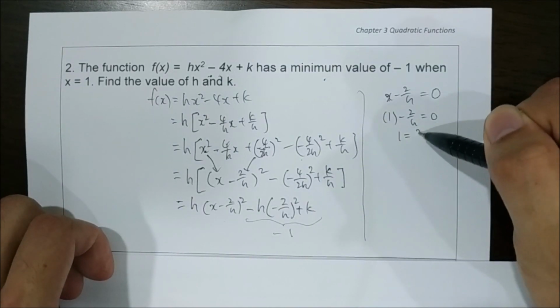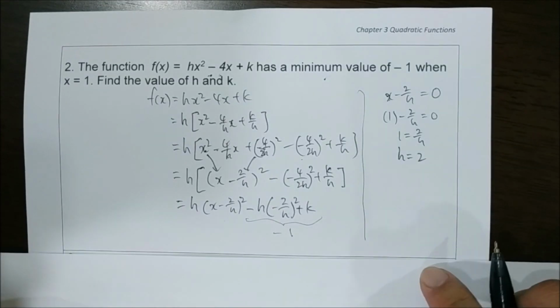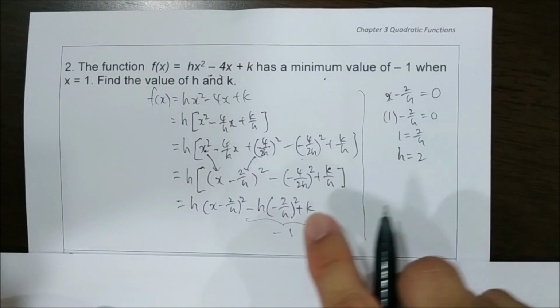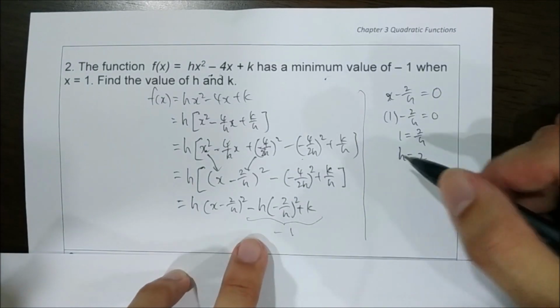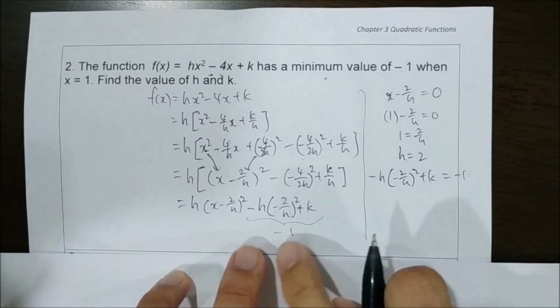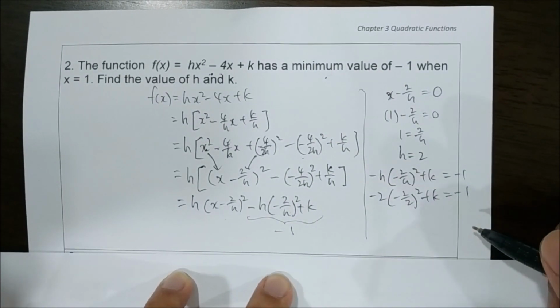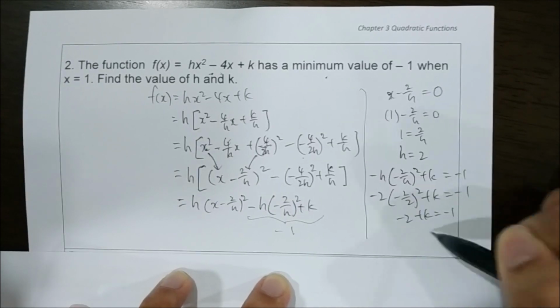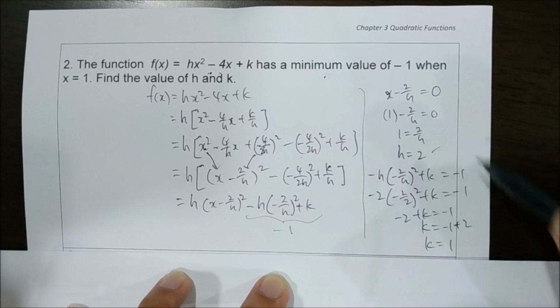So 1 equals 2 over h, so h equals 2. After we find the value of h, we substitute into here, we can get the value. So we substitute here, we get negative h. So k equals 1.